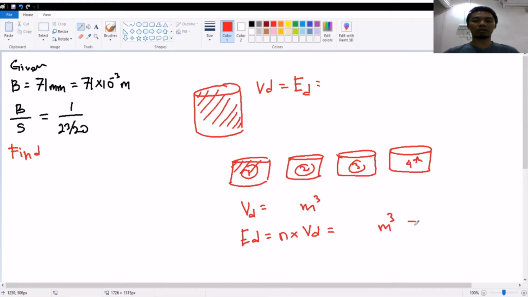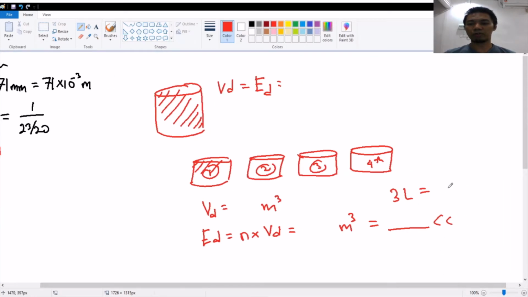Generally speaking, people say it as CC, centimeter cube. People outside there used to say how many liters your engine is. 3 liters, right? 3 liters has the same volume as 3000 centimeter cube.